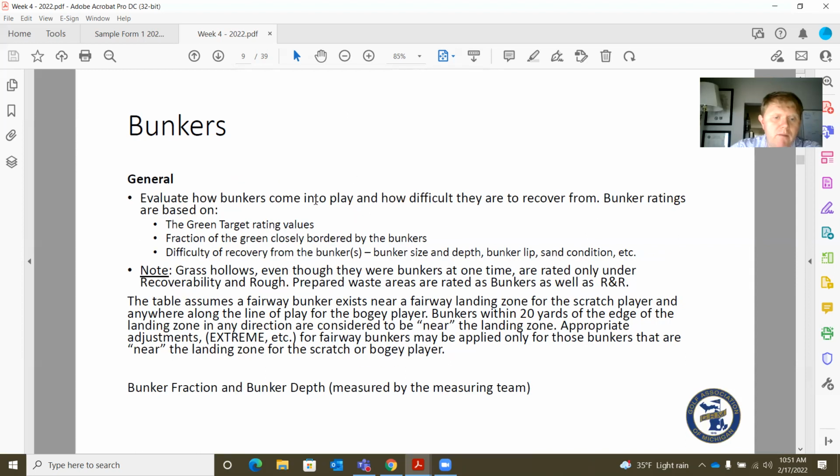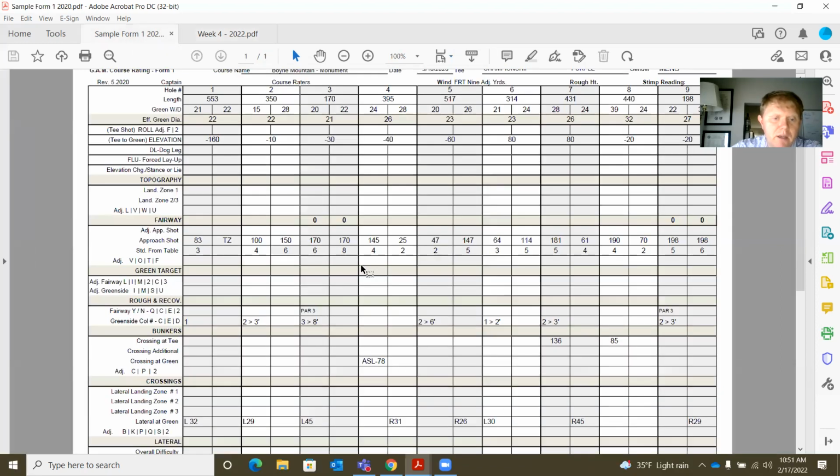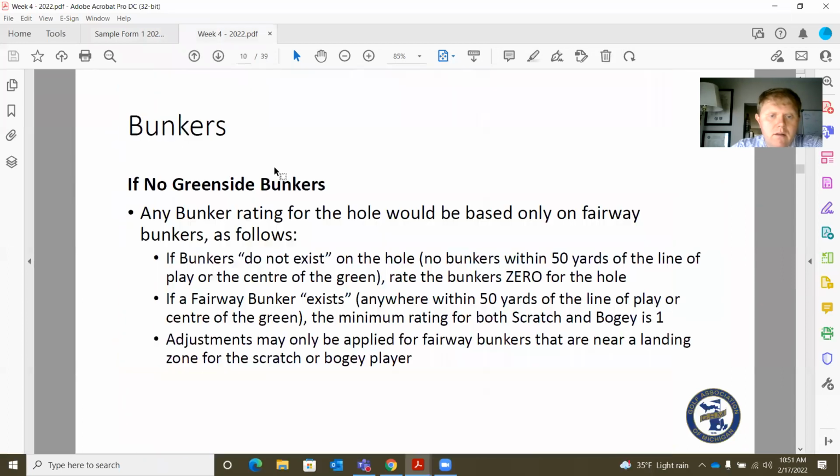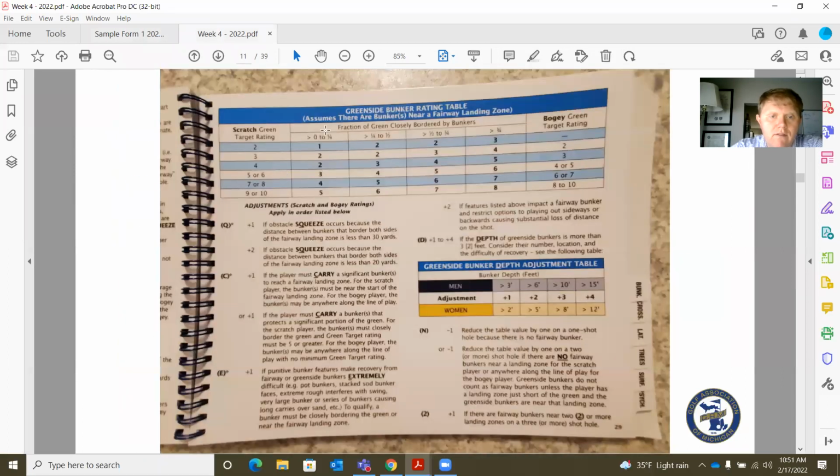All right, and then we also talk about the bunker fraction, the depth that's measured by the measuring team. So on your Form 1, you'll see oftentimes here in our bunker section, we have some values that are listed here. 2 greater than 3 or 1 or 3. What this means is this 3 here, or this 2 or this 1 is the bunker fraction. So if we go to our chart, we have one chart here for both men and women.